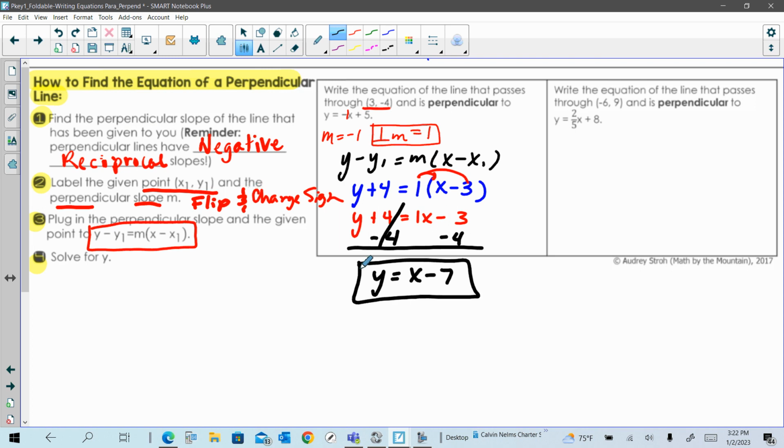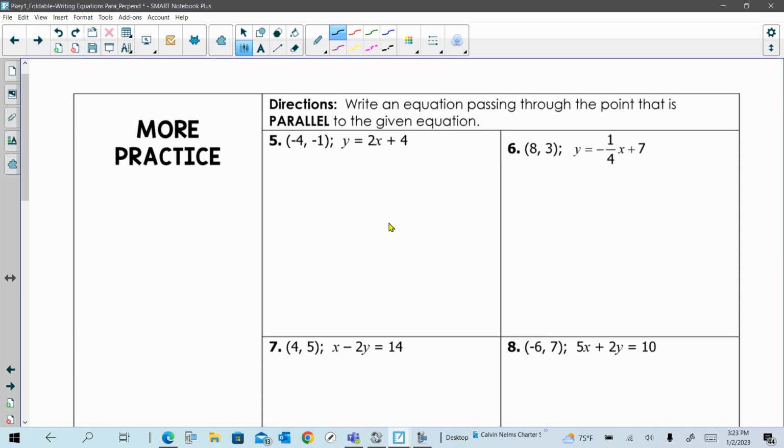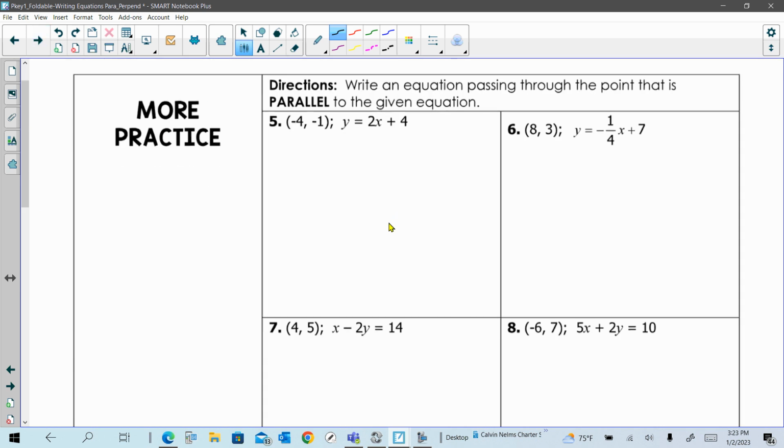So I want to see if you can get to the equation for the second box. And then what you were going to address mainly in class, but you can kind of get started on it, is some more practice. Okay, so we're going to do some more practice, and then we'll have some homework with this. The first set of our more practice is writing an equation that passes through the point that is parallel to the given equation.